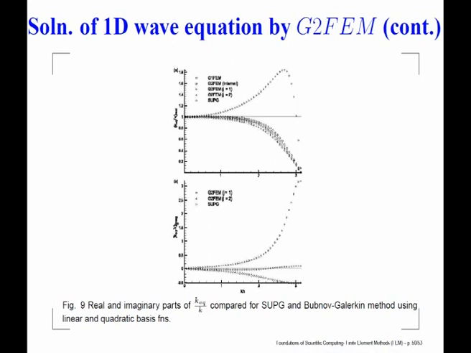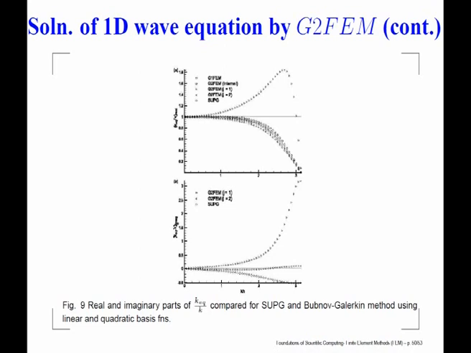What is important for us to realize is that the difference between G1 and G2, the linear and quadratic elements, is not great, they are close to each other. And G1 and G2 are basically neutral methods. So, in the interior nodes, the imaginary part is 0, but only near the boundary points you get this.